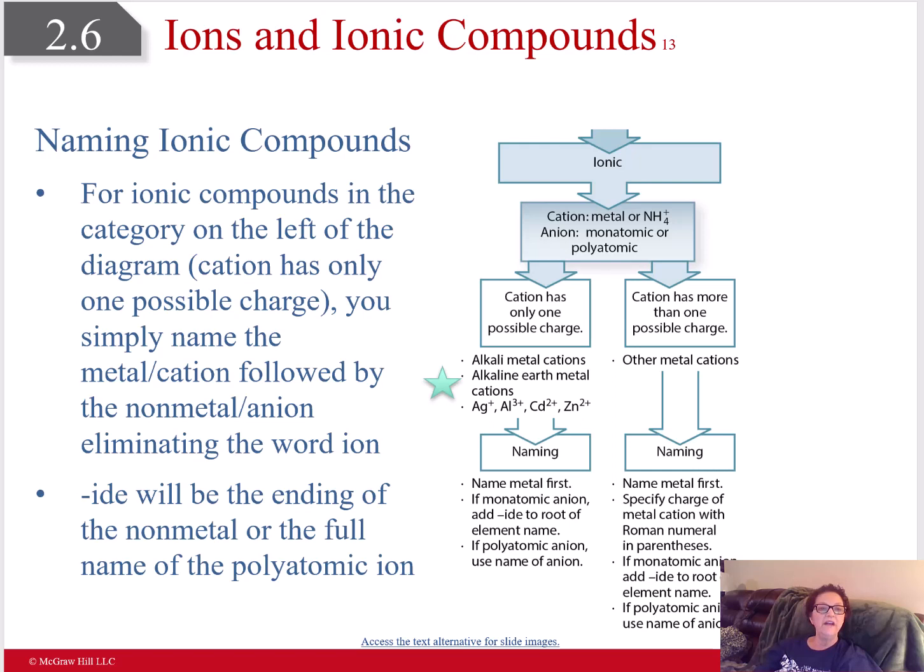When we name ionic compounds, if we have a cation with only one possible charge, then we don't have to use Roman numerals. But if it can have multiple charges, then we have to use Roman numerals in order to differentiate between which charged ion is forming it. We'll end these in IDE for the anion, the negatively charged.